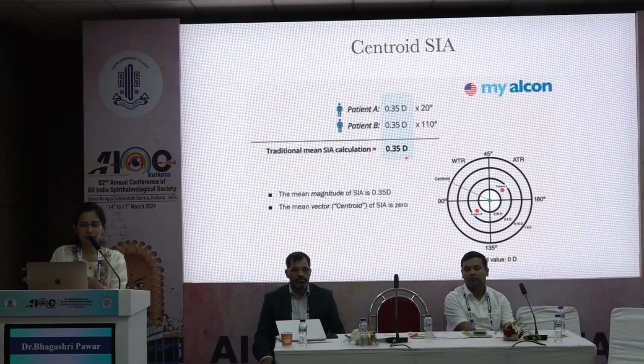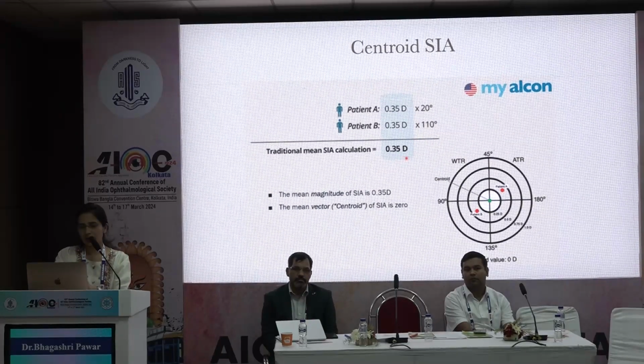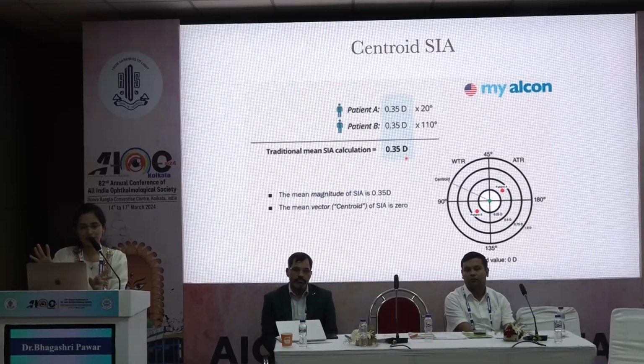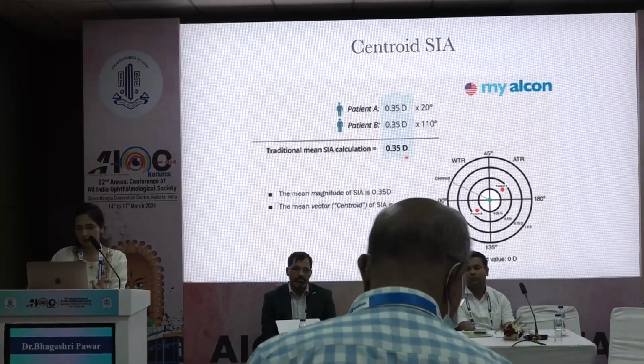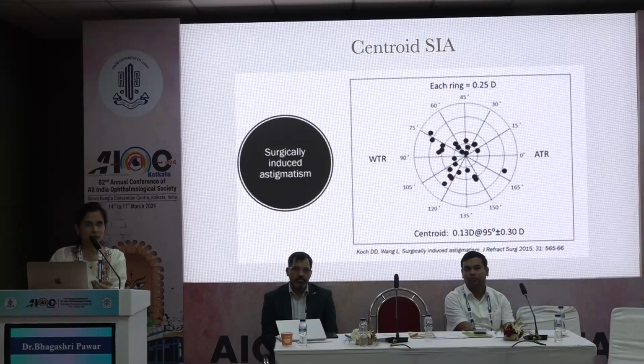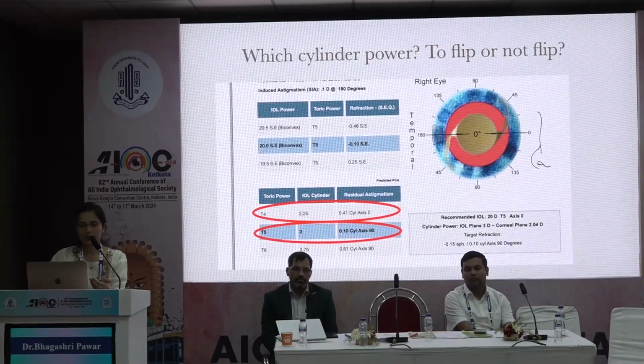That is just an arithmetic mean, and that's what we have been doing for many years. But if we plot these 2 patients on a double angle vector diagram, the directions are exactly opposite, and in vector analysis they cancel each other, and that's why the centroid SIA is 0 here. And this is what we need for our toric calculation, the centroid SIA.